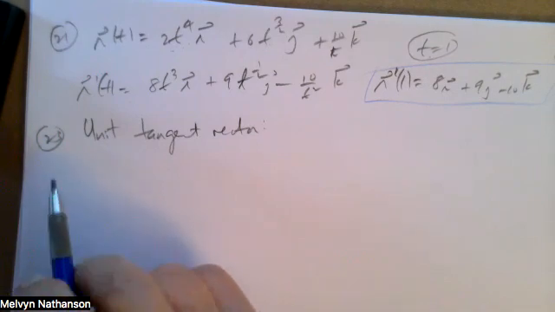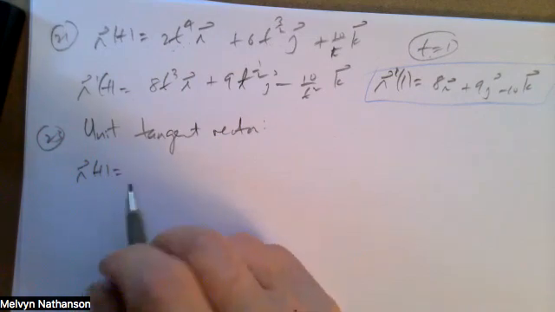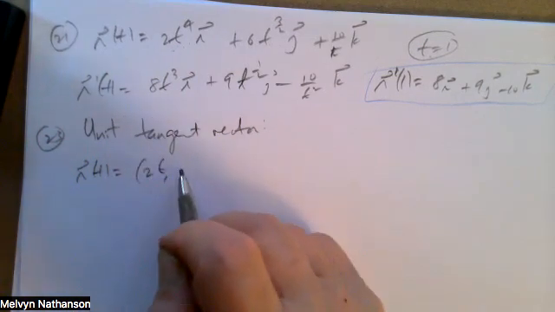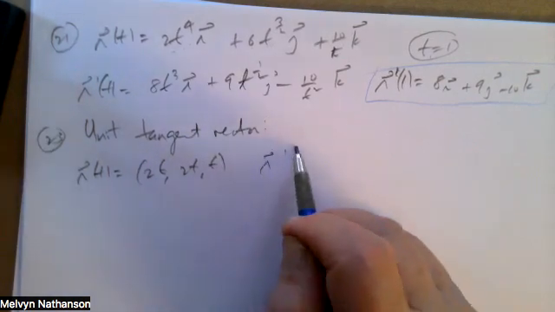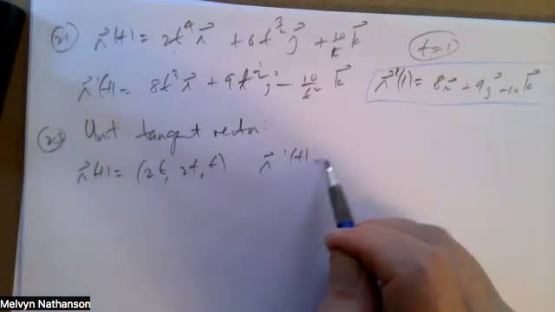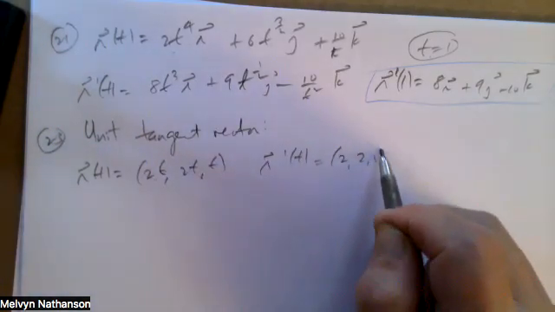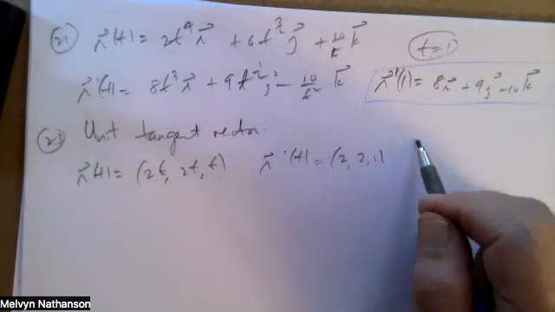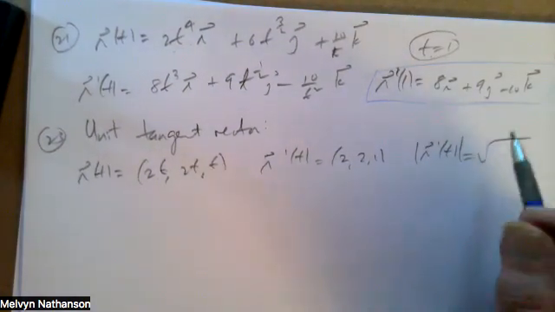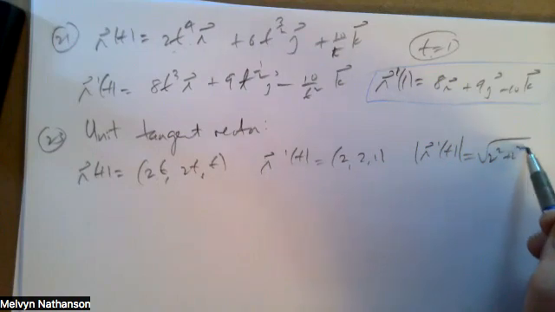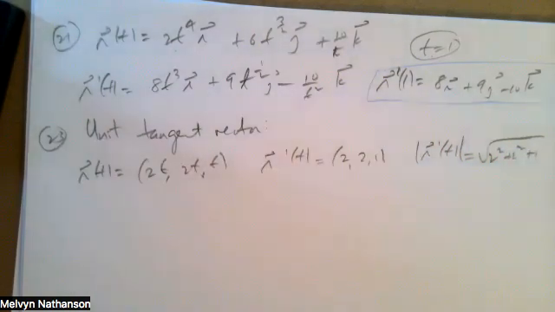So if r of t is the vector valued function 2t, 2t, t, then r prime of t, you just differentiate each coordinate: 2, 2, 1. This is a constant vector. The length of r prime of t is the square root of 2 squared plus 2 squared plus 1, which is 4 plus 4 plus 1. That's 9.